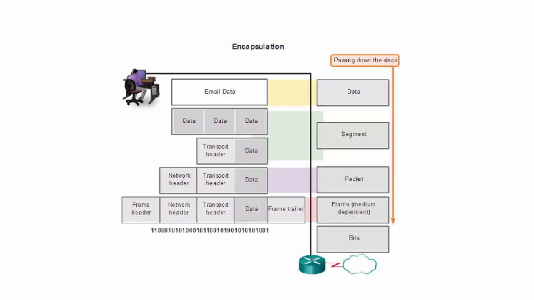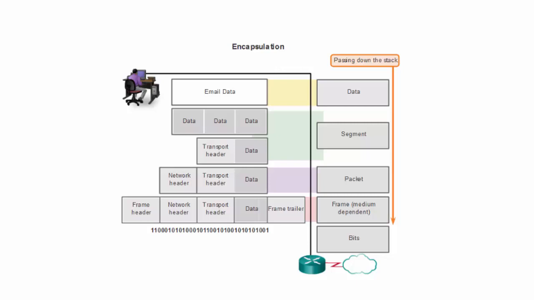So the definition of the unit of data in each layer is what we call a protocol data unit. In the application layer, we talk about the data, or the protocol data unit in the application layer. In the transport layer, we talk about the segment, which is the transport layer protocol data unit.